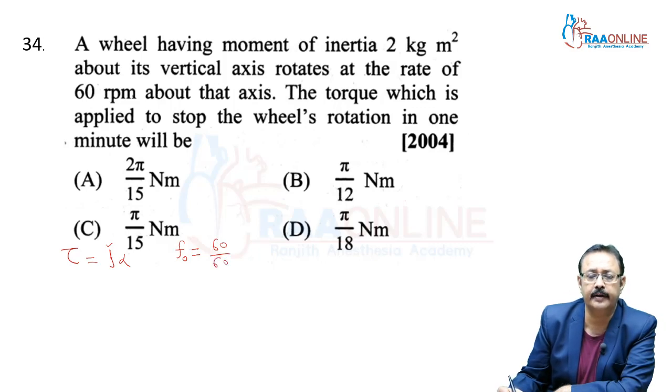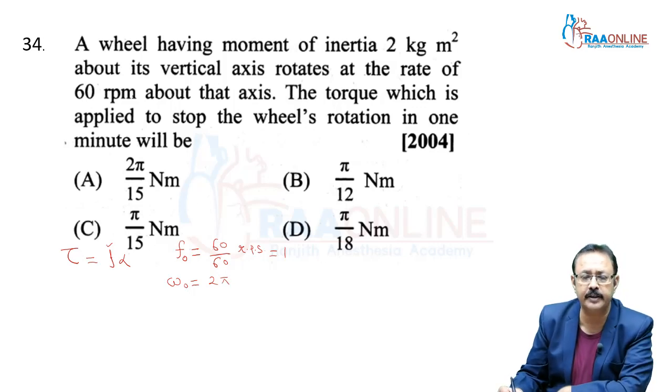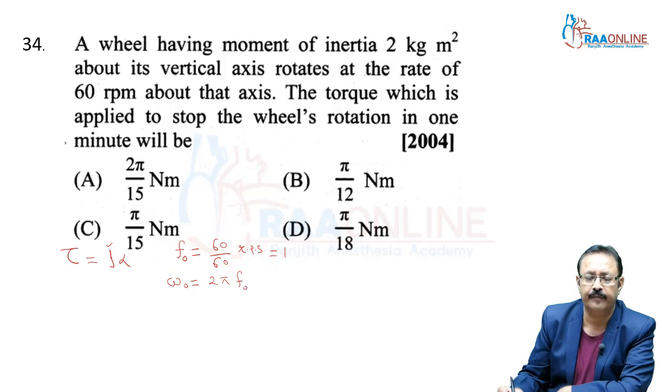So you will get 1 revolution per second. So what was the initial angular velocity? If you have time period, 2 pi by T. If you have frequency, 2 pi f. So it was 2 pi.